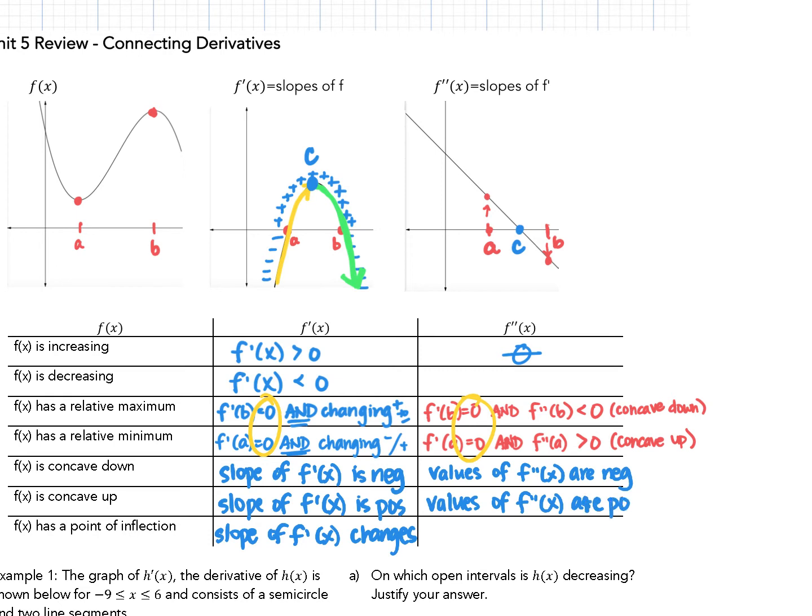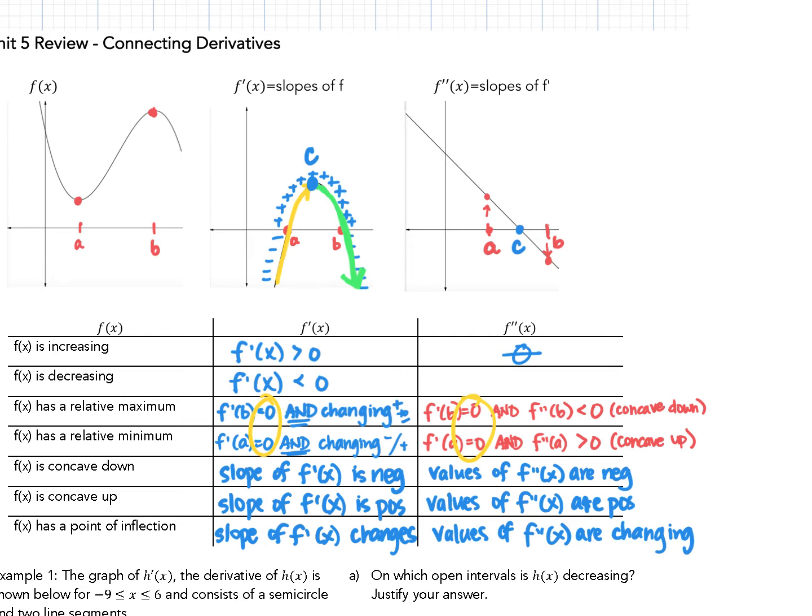Or you could say the values of f double prime are changing. So a goodly part of the FRQs are going to be your justification based on looking at a graph.